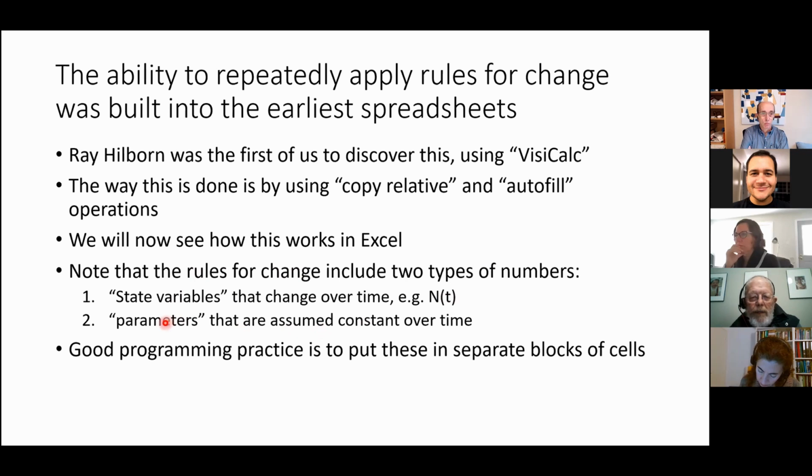And then there are other numbers that we treat as or pretend to be constant over time when we're making a prediction. Those are called parameters. Like if I assume that the per capita birth rate of a population doesn't change, that birth rate is then called a parameter. And one of the first things you have to learn in Excel is to keep these state variables and parameters separate from each other in the spreadsheet.